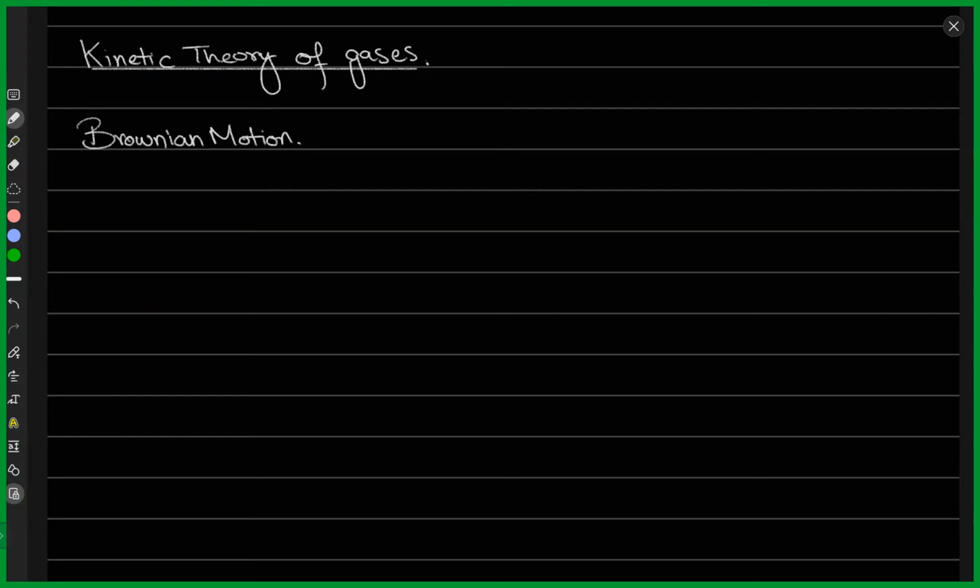So, I'm sure that you all are aware of Brownian motion at this point, right? So I'll not go into very much detail. You have studied it in your AS as well, right? So is everyone familiar with the topic of Brownian motion? Yes, sir.